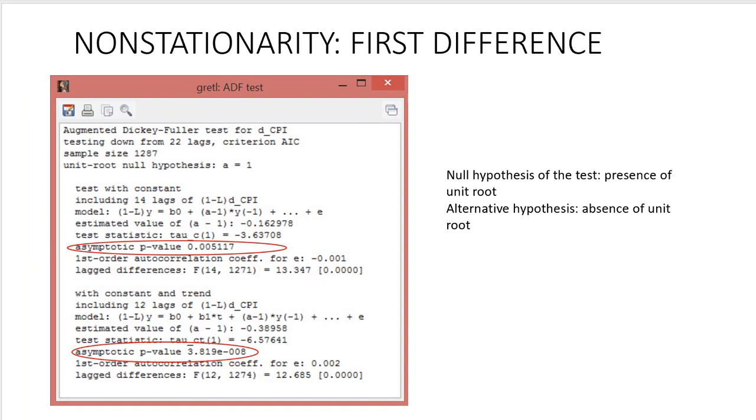So now, as you can see, we successfully manage to reject the null hypothesis in favor of the alternative hypothesis. So typically, when you have problems with autocorrelation because of the presence of unit root, you can transform your data to the first difference.